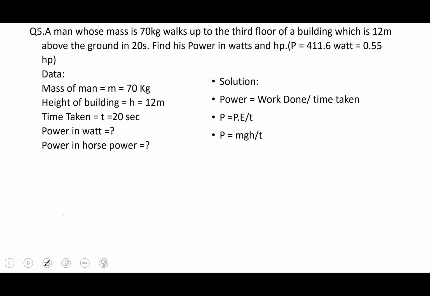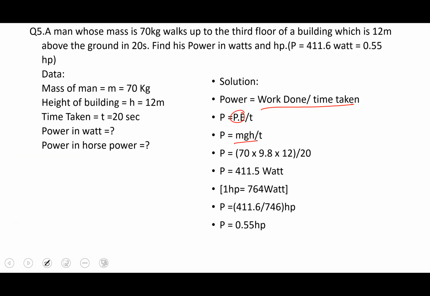Now we have the formula: power is equal to work done over time taken, or potential energy divided by time, or mgh divided by time. So the mass of the man is 70 kilograms, the acceleration due to gravity is 9.8, and the height is 12 meters, divided by the time, which was given to us, 20 seconds.